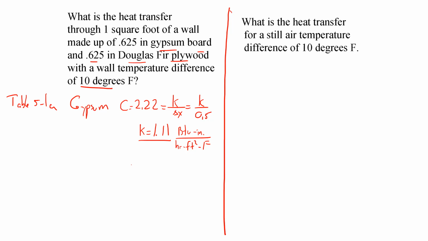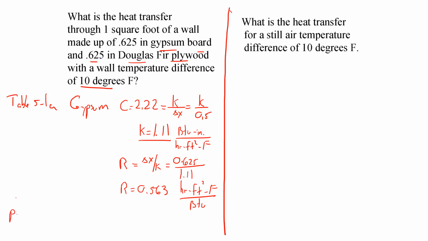Knowing that resistance is thickness over conductivity, and our thickness is 0.625, we can divide that by the thermal conductivity we just calculated, and we get that the resistance for our gypsum board is 0.563, in hour foot squared Fahrenheit per BTU.